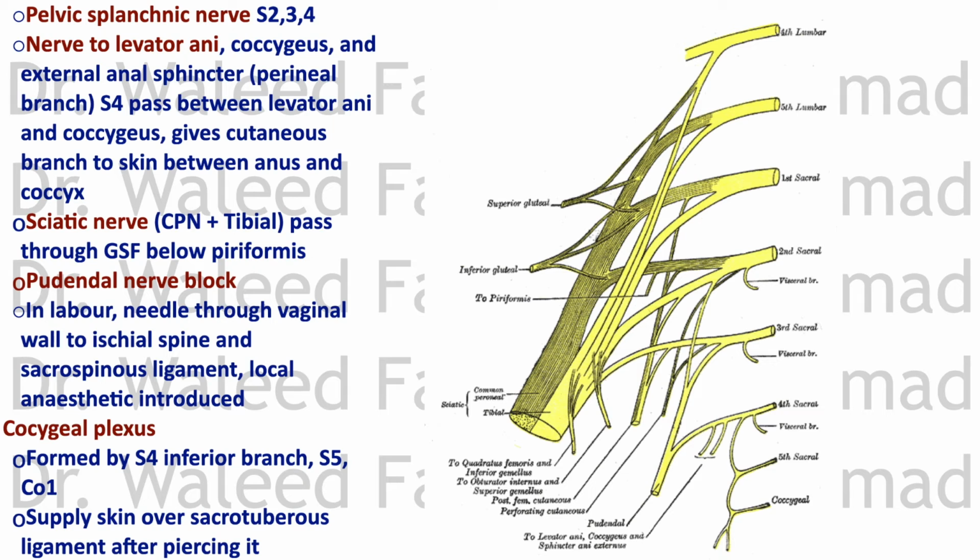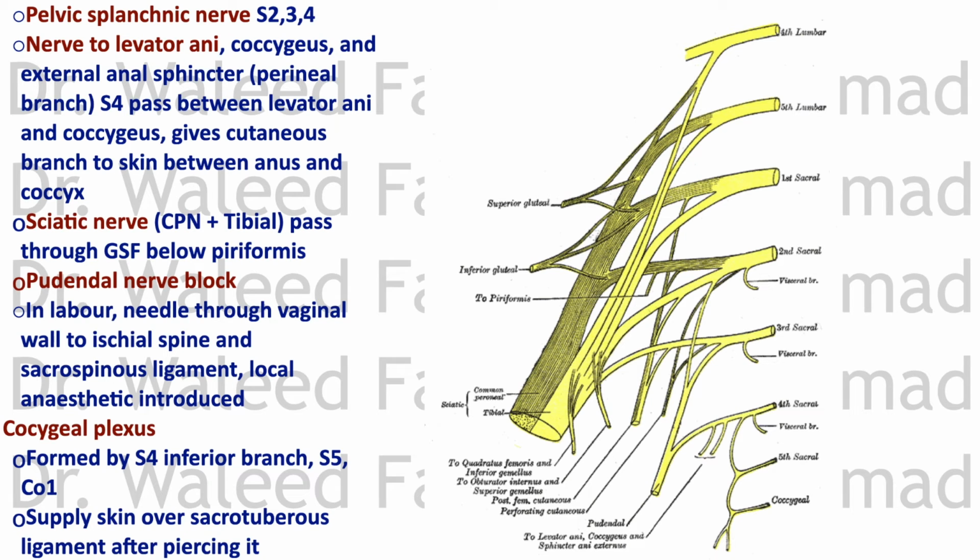The lateral horns of the sacral segments of the spinal cord are the parasympathetic outflow, not the sympathetic like what happens in the thoracic and upper two lumbar spinal cord segments. Nerve to levator ani, this is S4. It passes between levator ani and coccygeus. It gives cutaneous branches to skin between the anus and the coccyx.